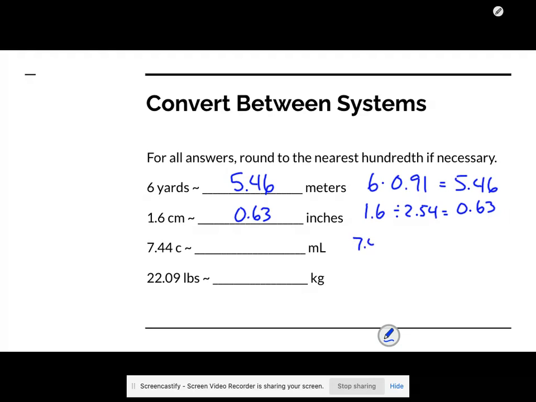7 and 44 hundredths cups times 236 and 59 hundredths. So 236.59. We end up with 1760.23.